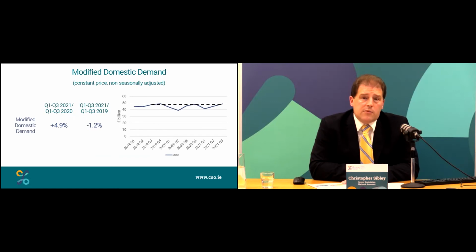But if we compare it then with the pre-pandemic 2019, we can see we're still down 1.2%. So growth on 2020, but we're still not back up to 2019 levels for the economy in terms of modified domestic demand. A similar picture with consumption, while the GDP numbers are pushing strongly ahead, as they have done for a number of years.